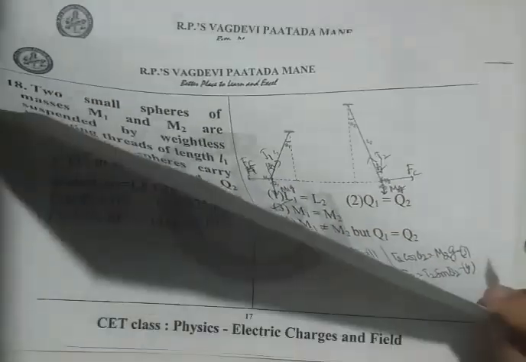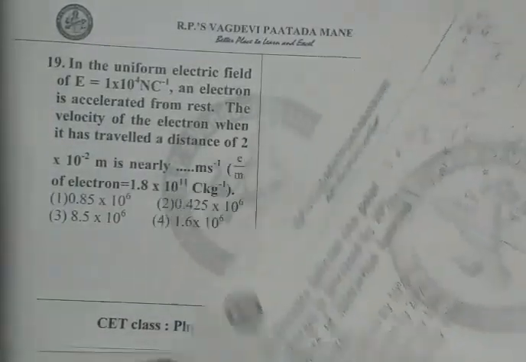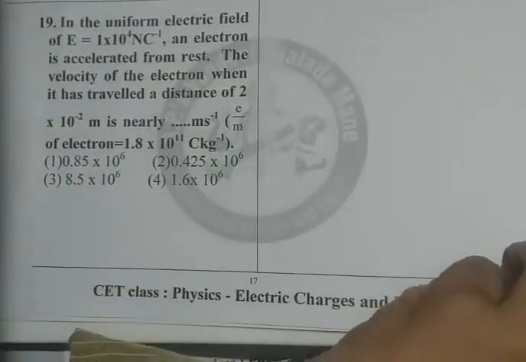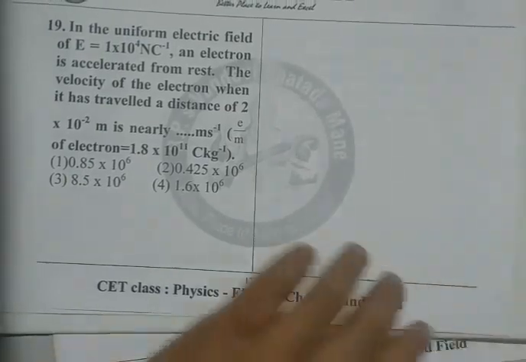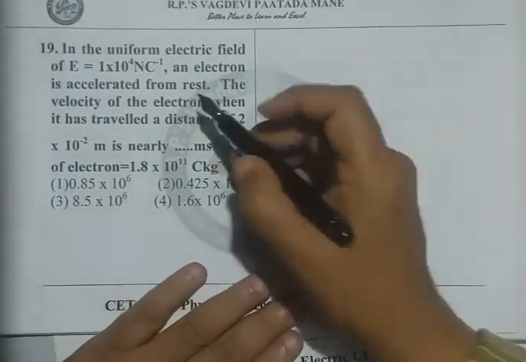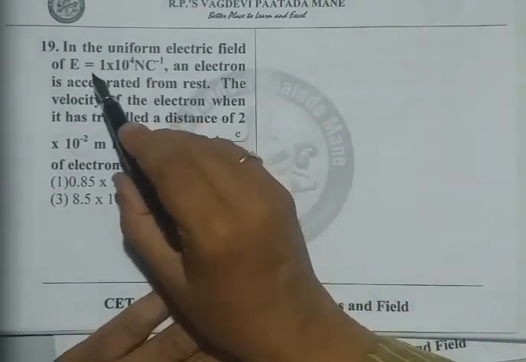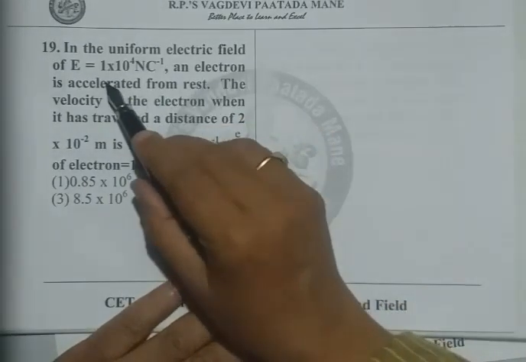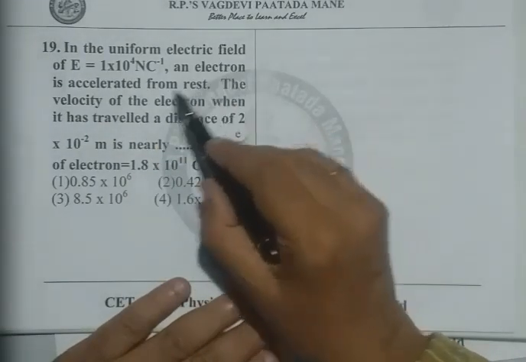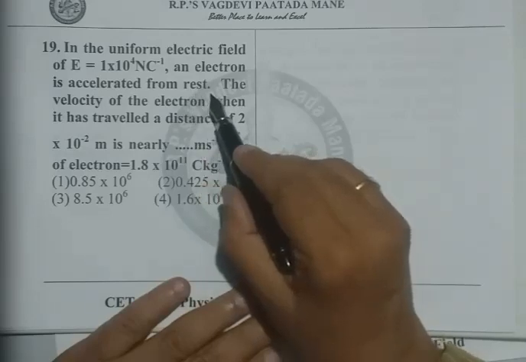So with this, we think of the 19th question. It's also a very easy one. In the uniform electric field given, an electron is accelerated from rest.